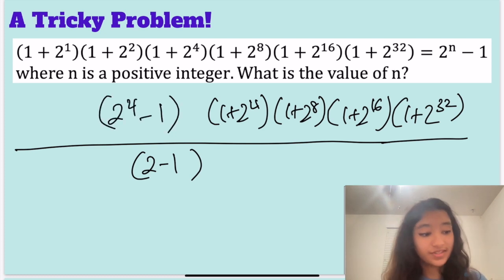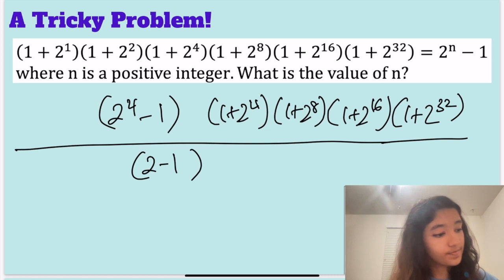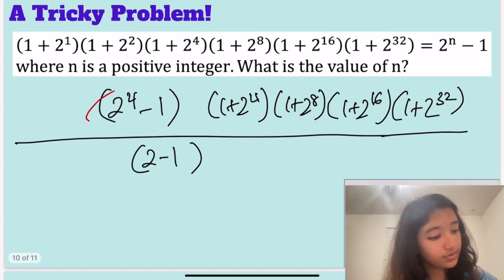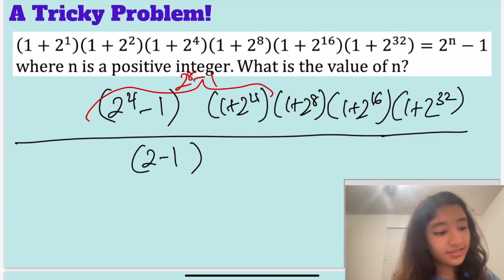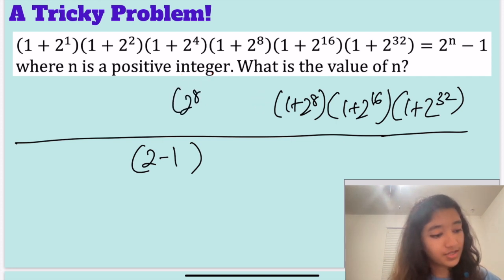Now once again, we have 2 to the fourth minus 1 times 2 to the fourth plus 1, which simplifies to 2 to the 8th minus 1. We can again erase these terms and replace them with 2 to the 8th minus 1.